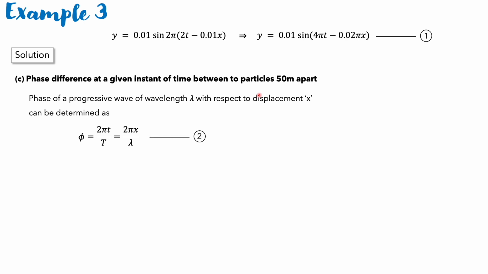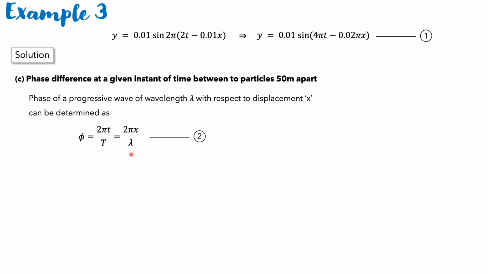The phase of a progressive wave of wavelength lambda, with respect to displacement, is given by the formula 2 pi x over lambda.